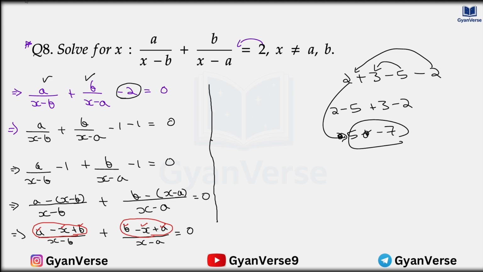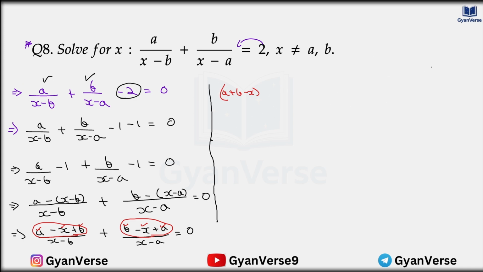So what I'm going to do is take a plus b minus x as common. When I take this as common, I'll be left with 1 upon x minus b plus 1 upon x minus a.